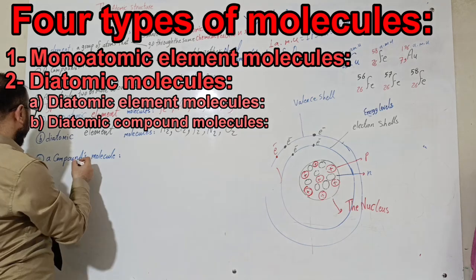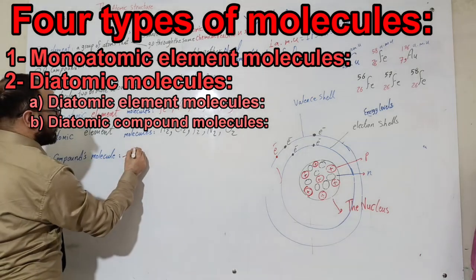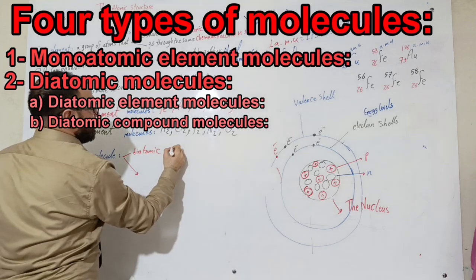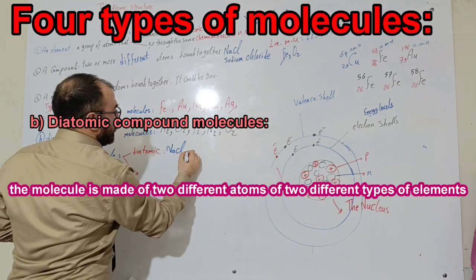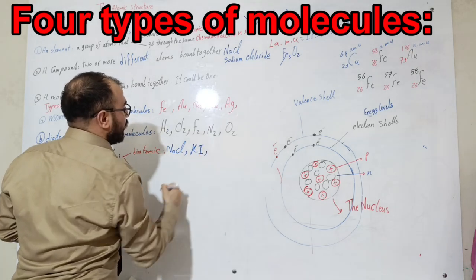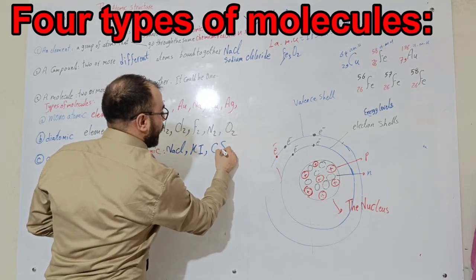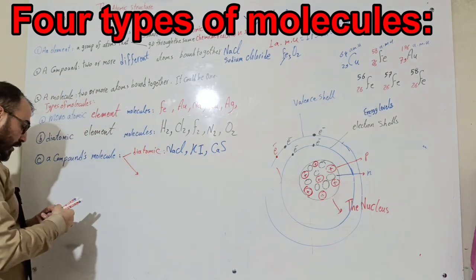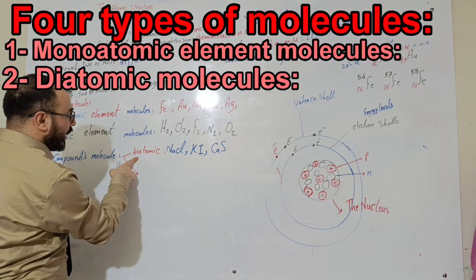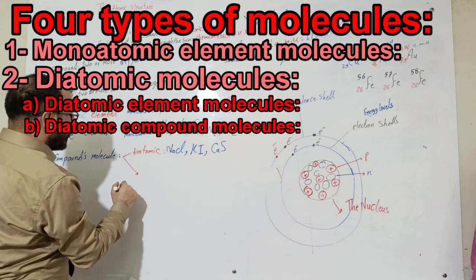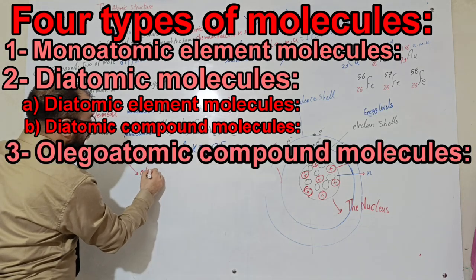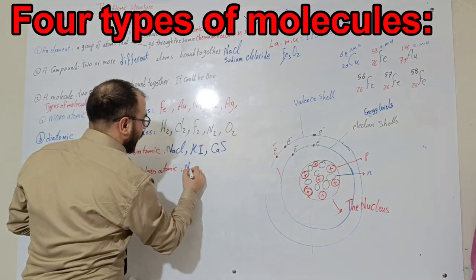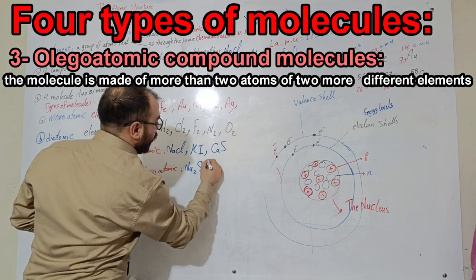For example, we have diatomic compound molecules like sodium chloride, potassium iodide, calcium sulfide, and we also have oligoatomic compound molecules like Na2S2O3.